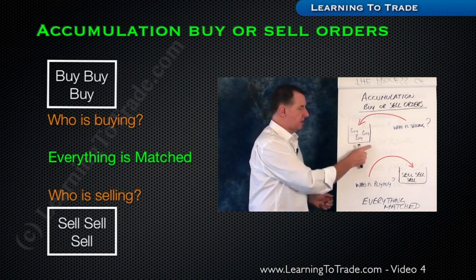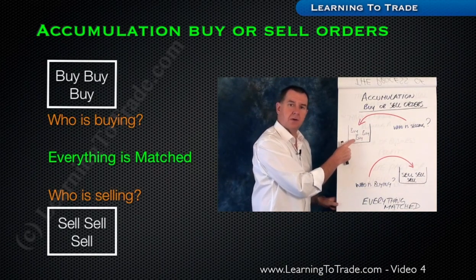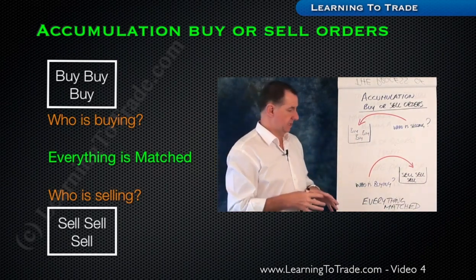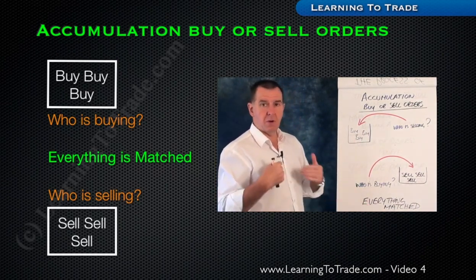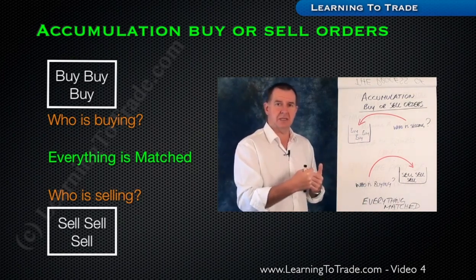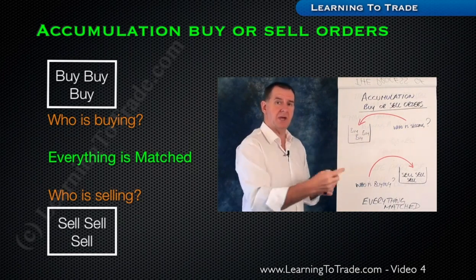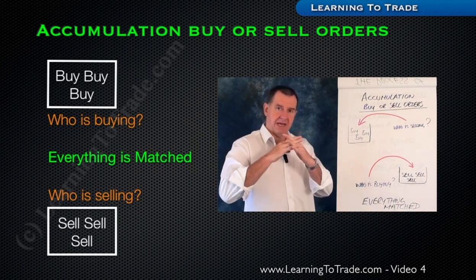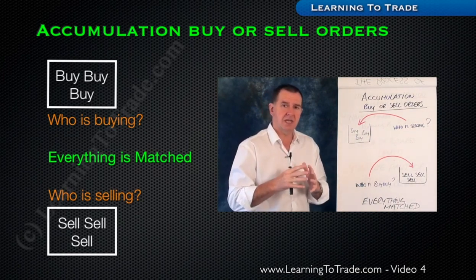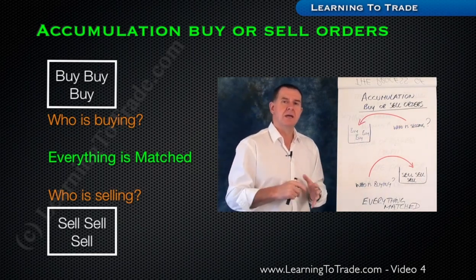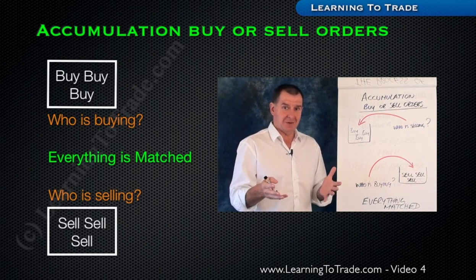If the market makers want to accumulate buy orders, everything is matched in the market. So if I buy, for example, somebody else is selling, we make that exchange, and if I sell, somebody else is buying. Everything is completely matched in the market, okay? Let's suppose that I want to buy something from you, I've got to convince you to sell it to me.